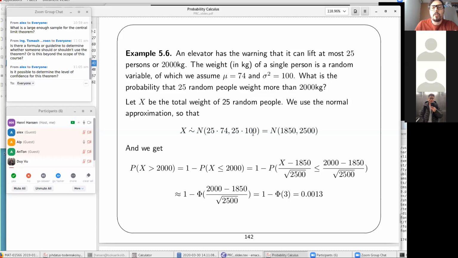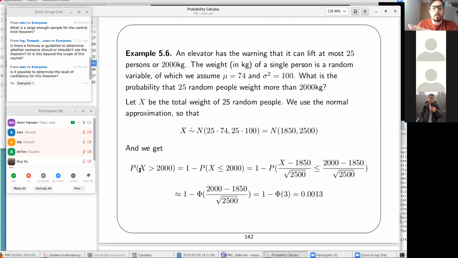Remember that if this was one variable times 25, then this multiplier would be 25 to the power of 2. But because this is 25 independent variables, then this is 25 times 100, right? This is a sum of 25 independent variables, each of them having a 74 expected value and 100 variance.